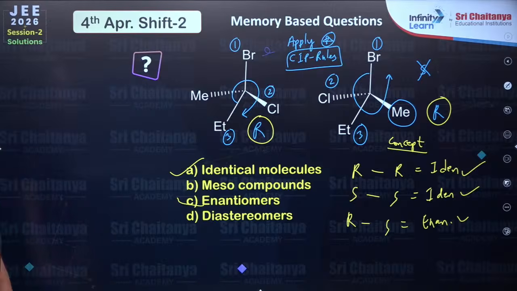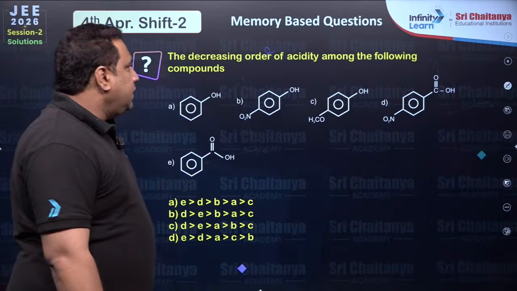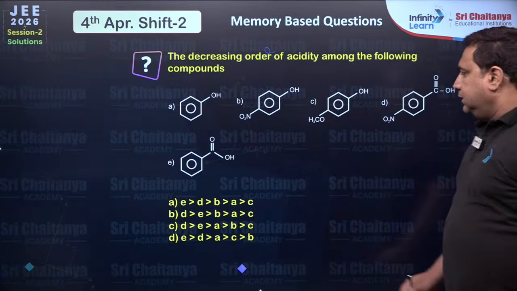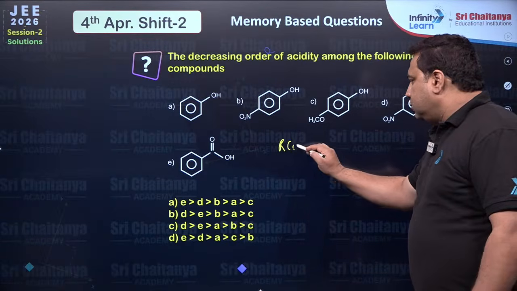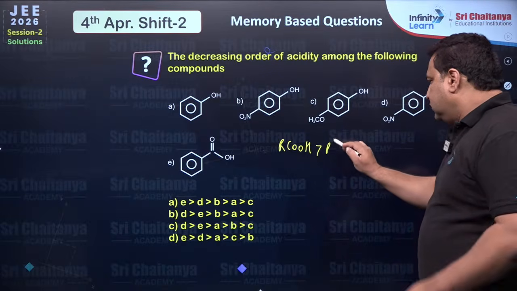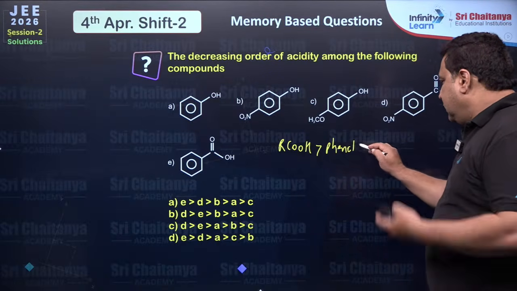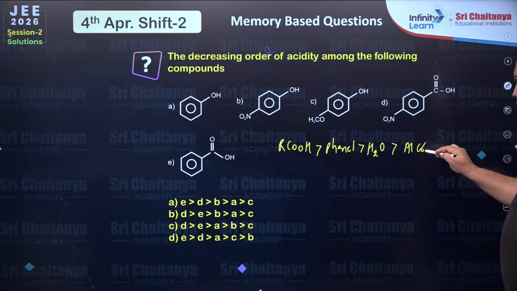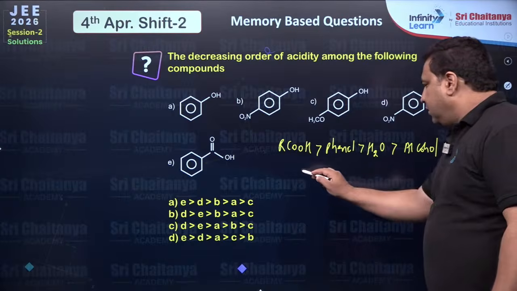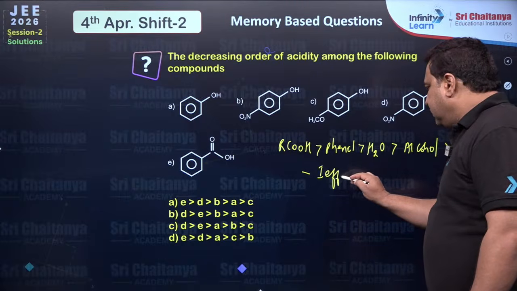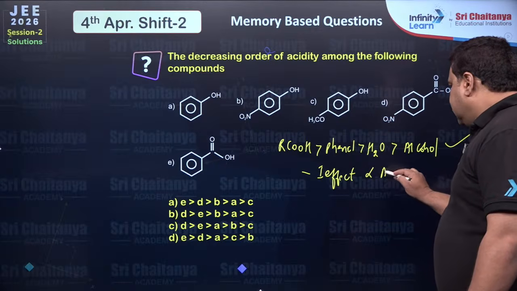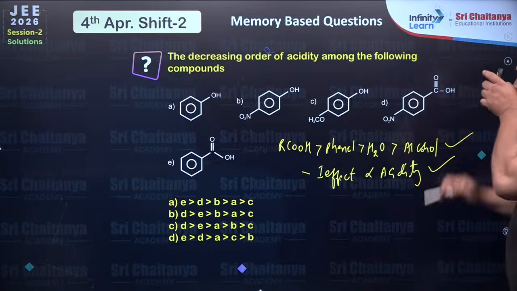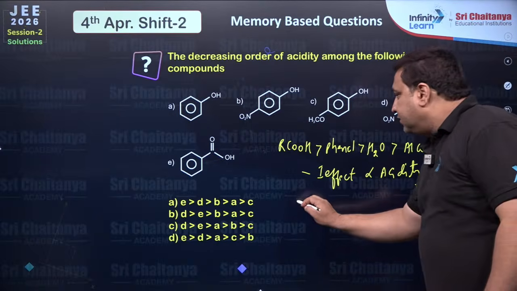Okay. The decreasing order of acidity among the following is. Everybody knows that the strong acids are carboxylic acids, then phenols, then comes water, then alcohols and so on. This is one point, and the second point is that minus I effect is proportional to acidity. Using these two points, everybody can see D will be highest.